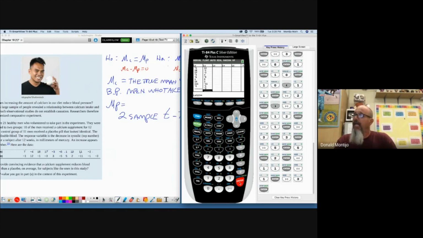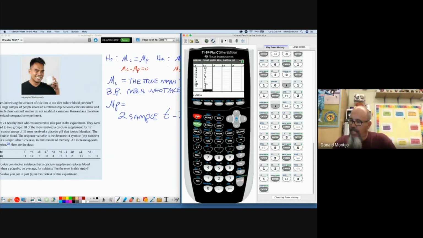Now I'm going to make side-by-side box plots so that I can take a look at these graphs and see if the data is roughly symmetrical without any outliers. If so, then I can assume the normality condition has been satisfied and I can move on and use my table and my test statistic formulas.